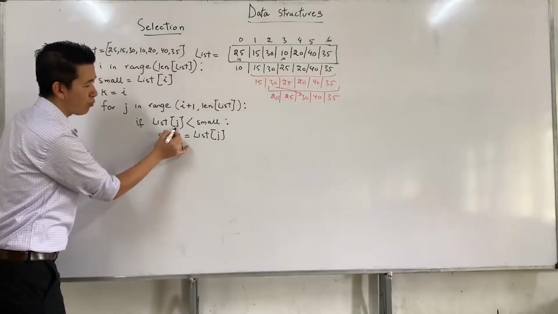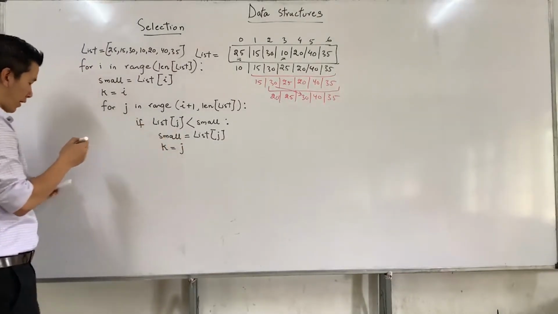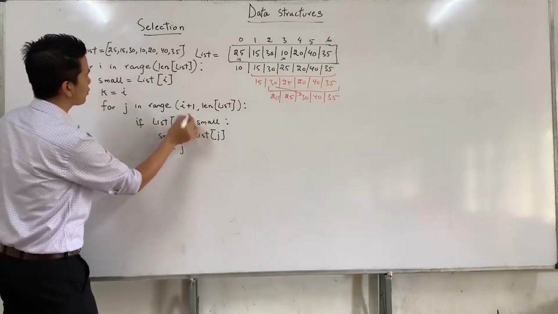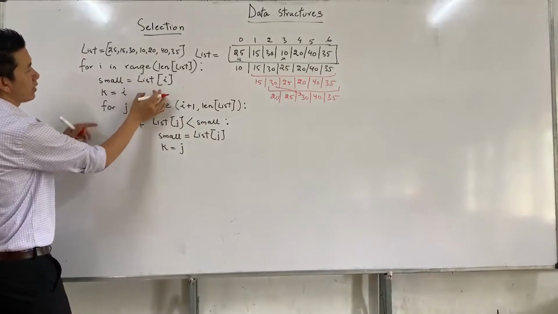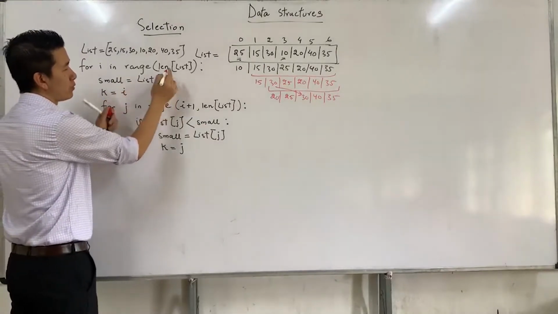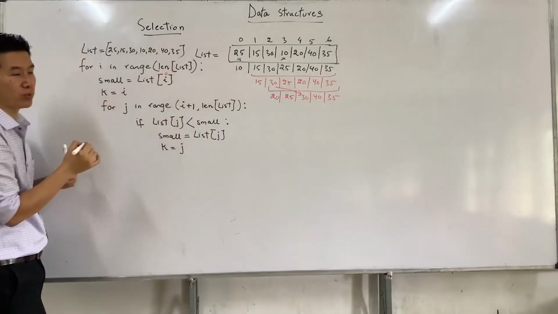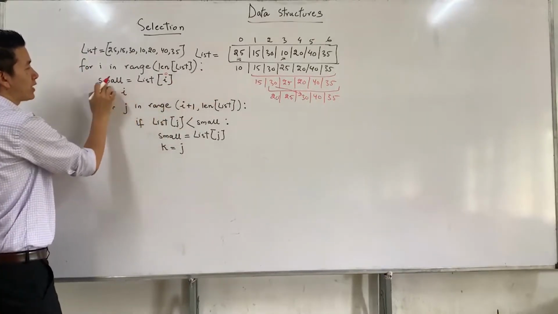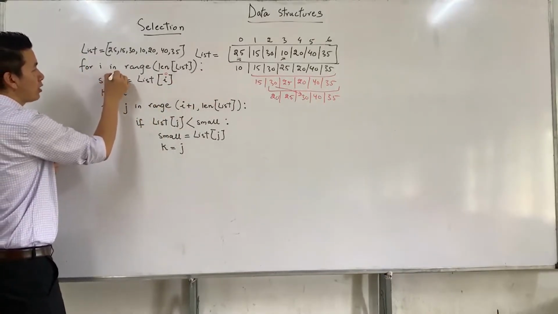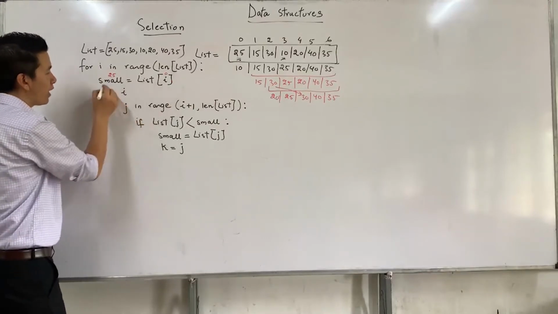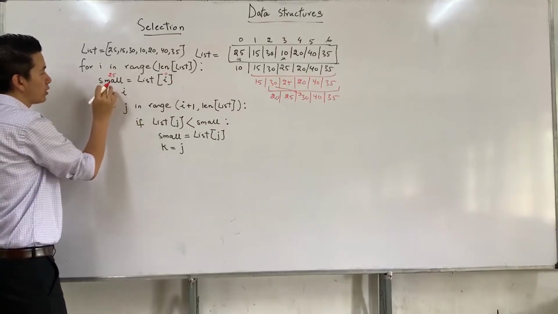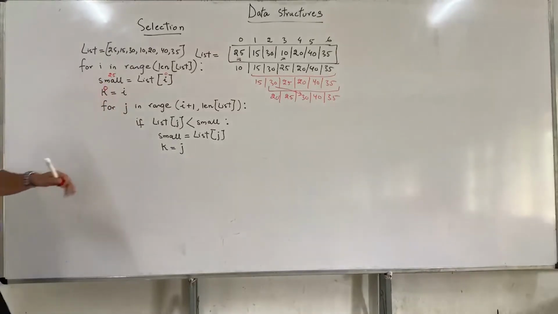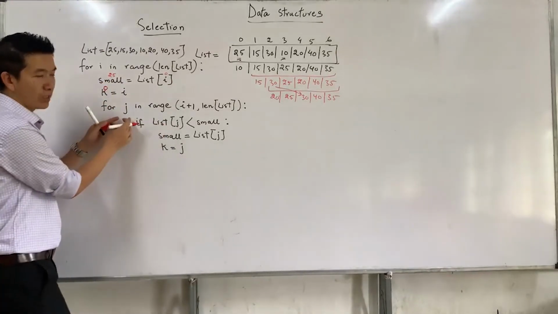The j value starts from 1. Remember, the j value starts from 1. So the list of 1, the value of small to start with, the value of i starts with 0. List of 0 means 25. 25 will be assigned to small, okay, and then the value of i will be assigned to k, okay, and then the value of j.